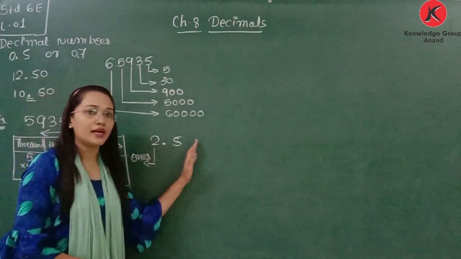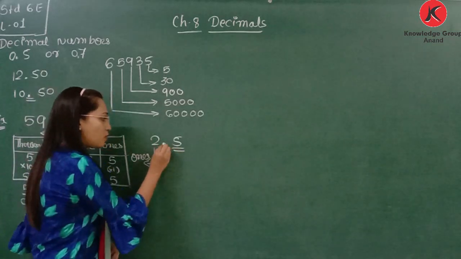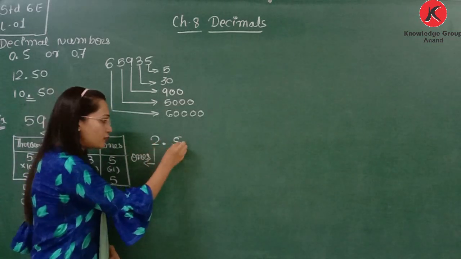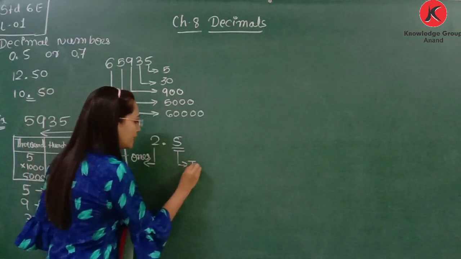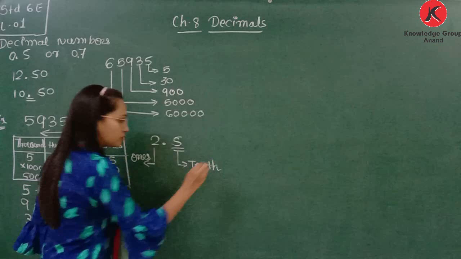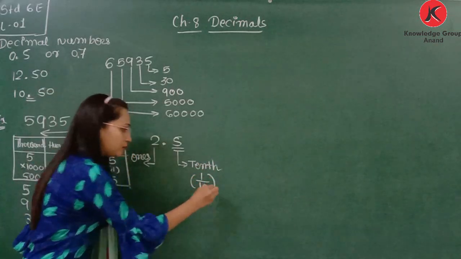But for the digits after the decimal point, this is the decimal point, and after that we have a 5. To write its place value, it is called the tenths place, and its place value can be written as 1 by 10.